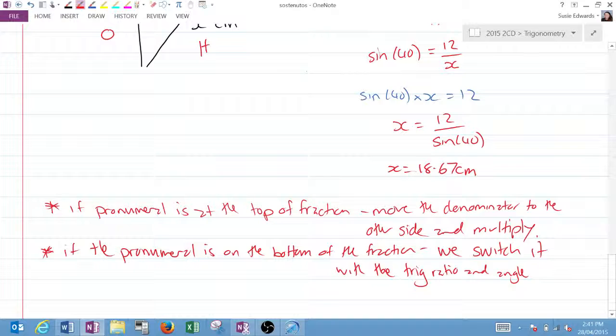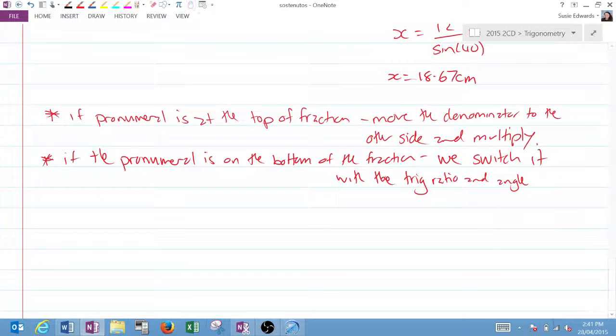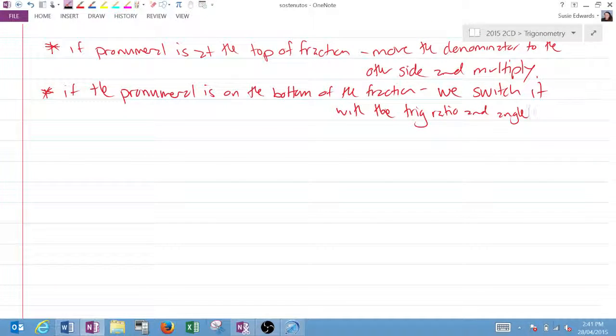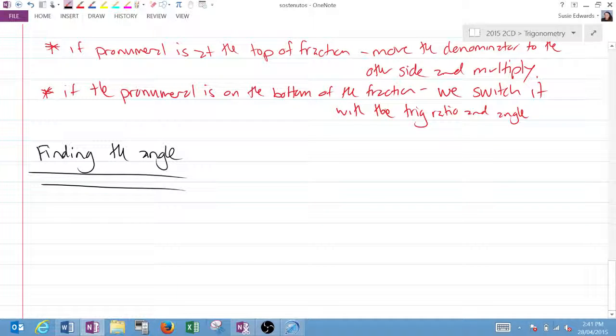Okay, we've got one last bit. Finding the angle. Okay, so those were all for finding the side. This time it's finding the angle. To find the angle, we use inverse.